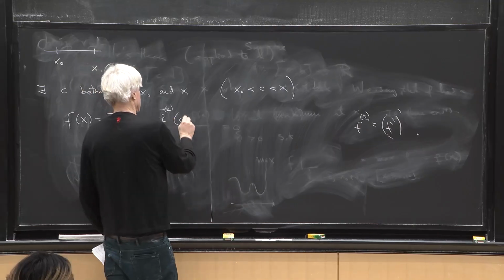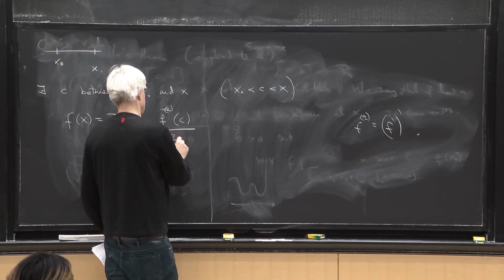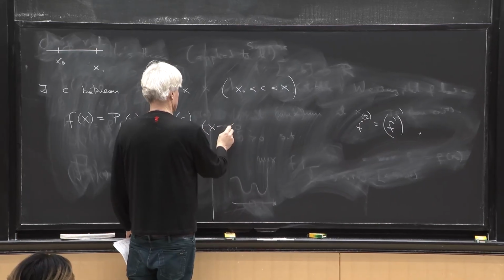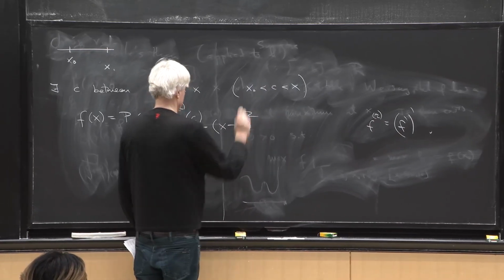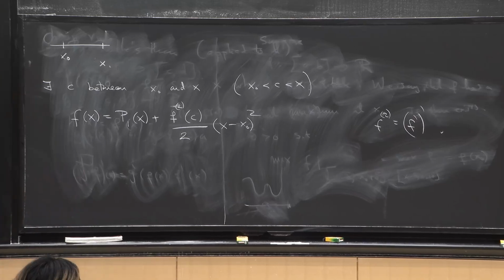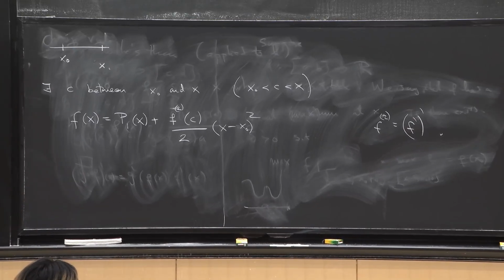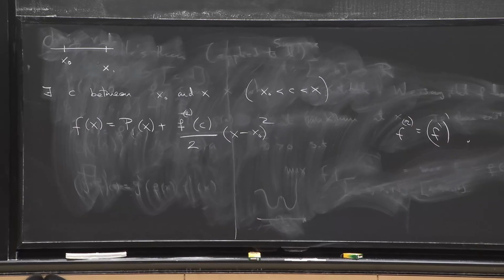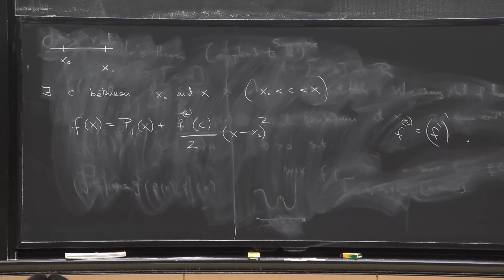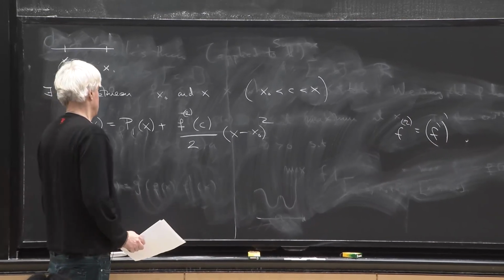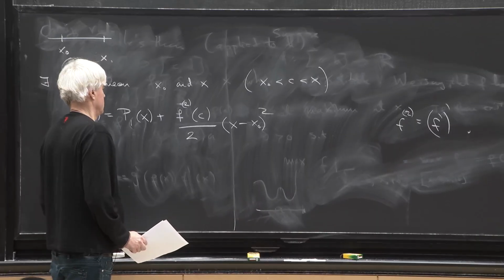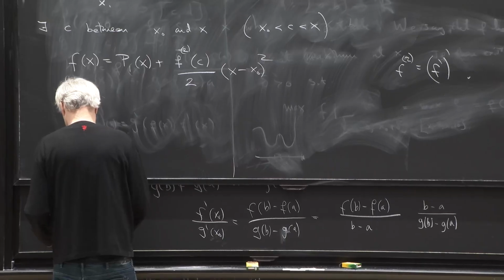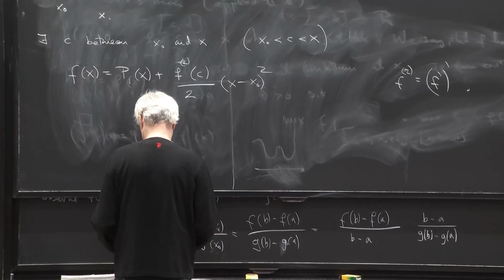That is evaluated at c, divided by 2, times x minus x0 squared. Okay. And in a minute, I will do the general case of it.